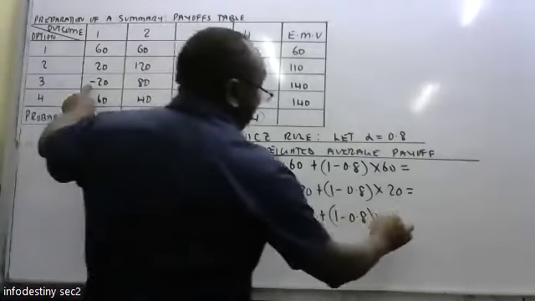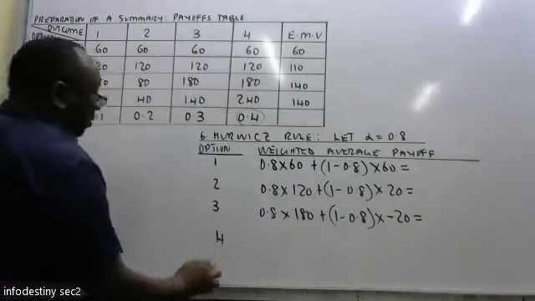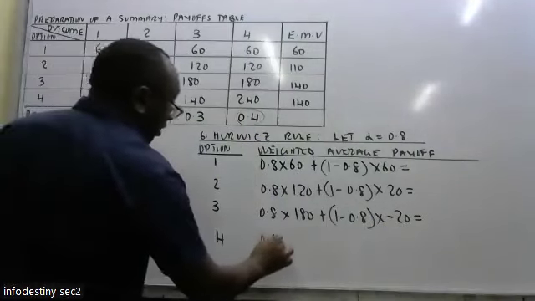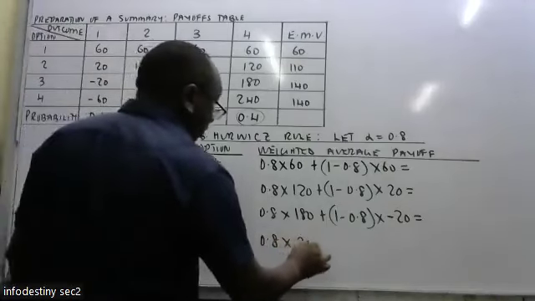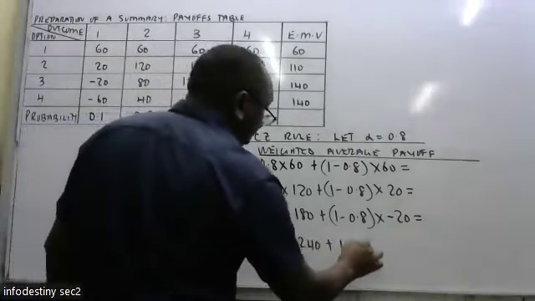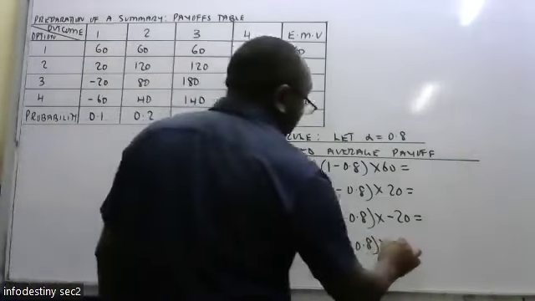The worst there is minus 20. Then you come to number 4, 0.8 multiplied by the best there, 240, plus 1 minus 0.8 multiplied by minus 60.